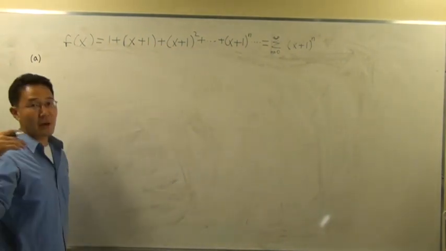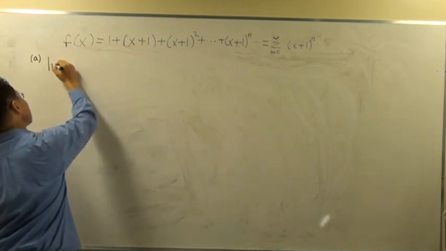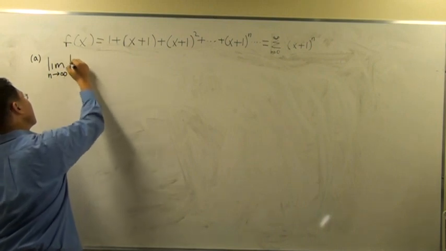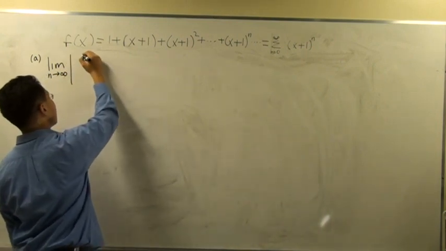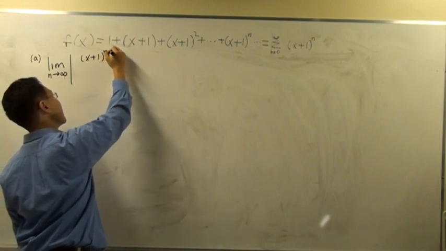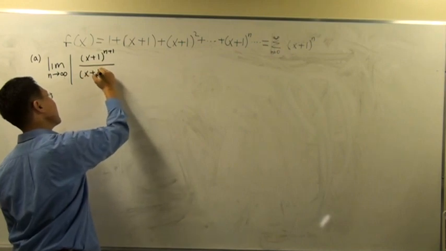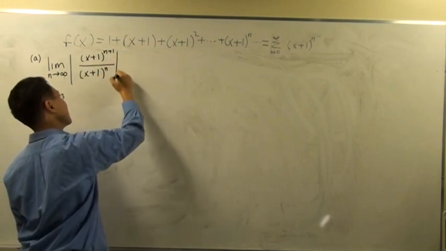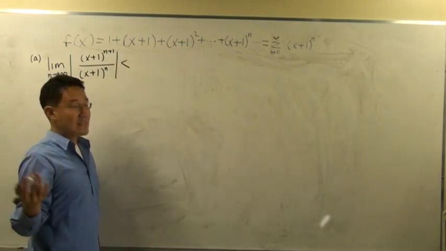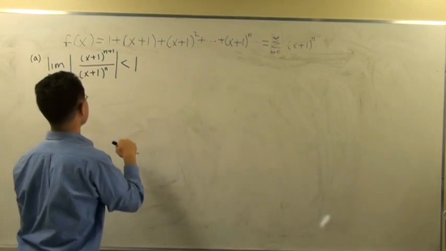So we're going to apply the ratio test, which says that the limit as n approaches infinity, when comparing the n plus 1 term to the n term, has to be less than 1 in order for the series to converge.